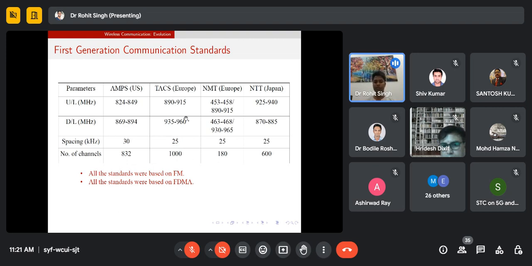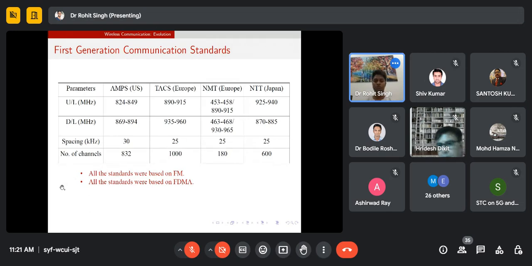Similarly, you can make other calculations as well. I will share this slide with you, and you can make the calculations later. Roughly, the number of channels or users that could be accommodated in the very first generation was very limited, to thousands or hundreds only.